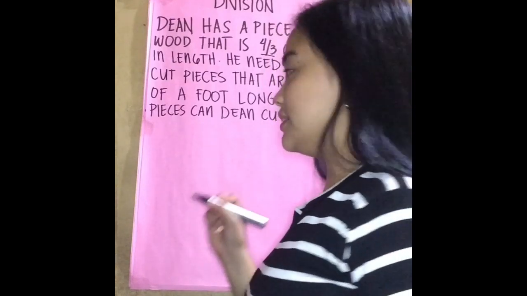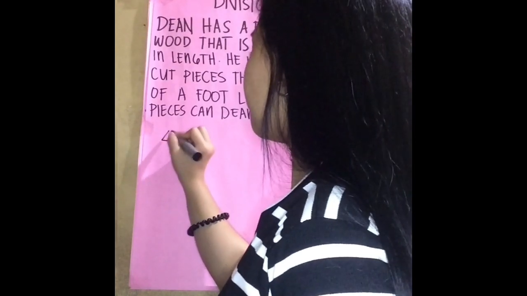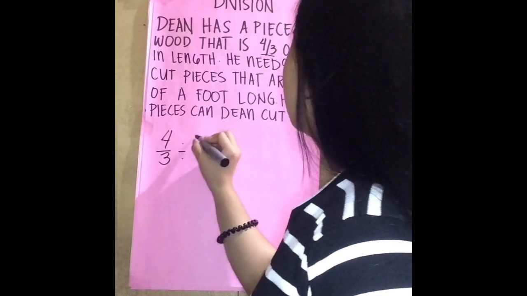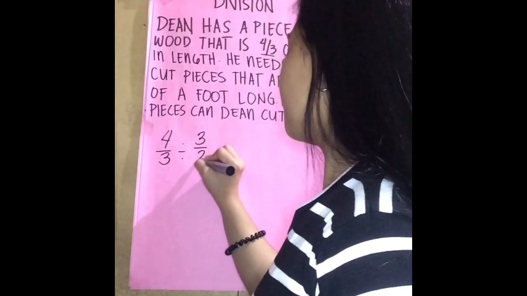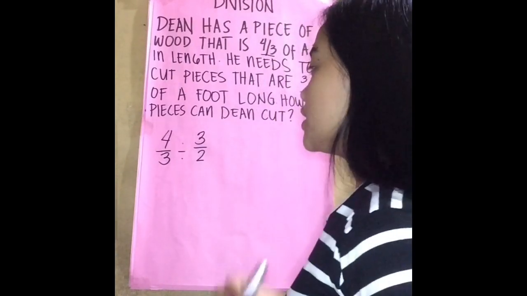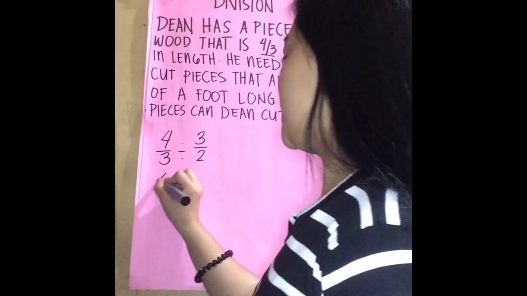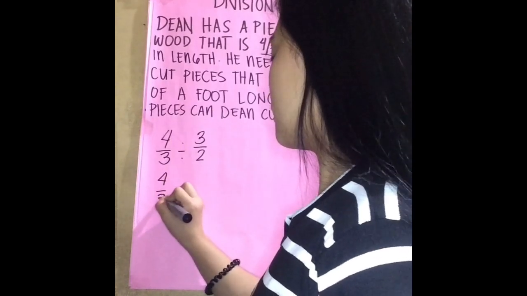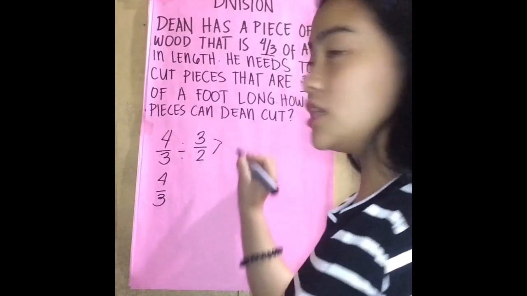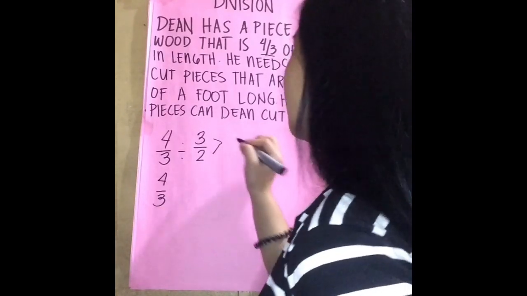So, we need to write this. 4 over 3 divided by 3 over 2. So, next is just copy 4 over 3. This 3 over 2, you need to reciprocal this.